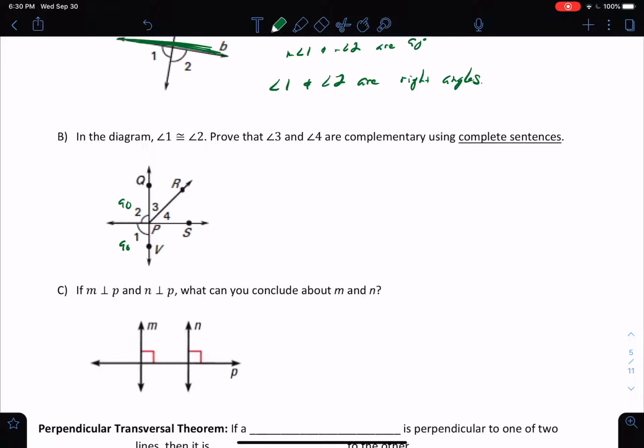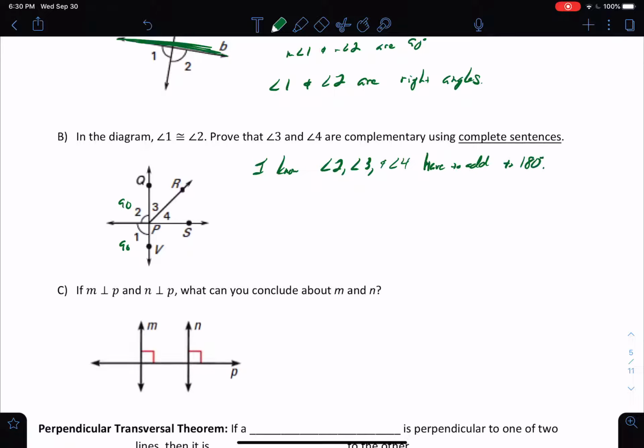Prove that angle 3 and angle 4 are complementary using complete sentences. Since I know angle 2 is 90 degrees, I know angle 2, angle 3, and angle 4 have to add to 180 degrees.